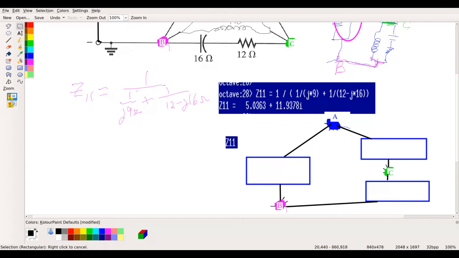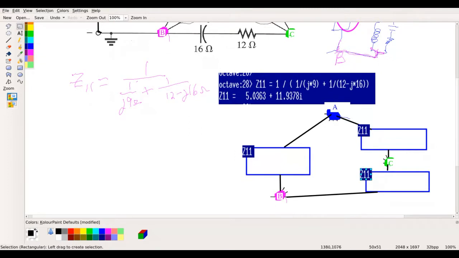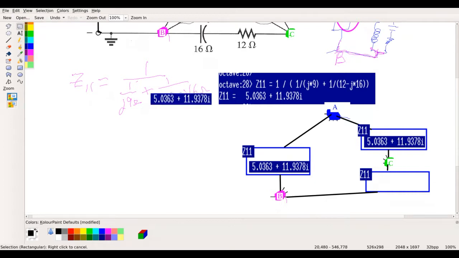I just wrote it as an 11 thing. So each one of these boxes represents this Z parallel piece, which has this value. Okay, so each one of these boxes has this impedance inside of them.